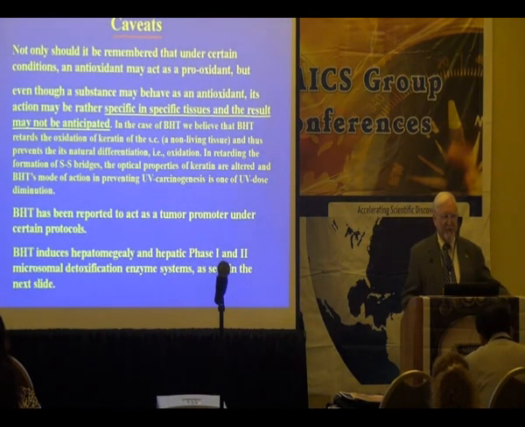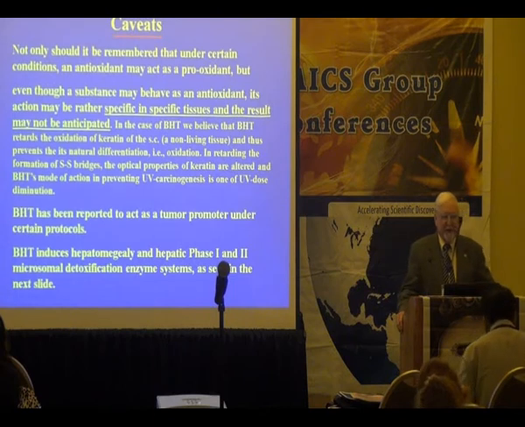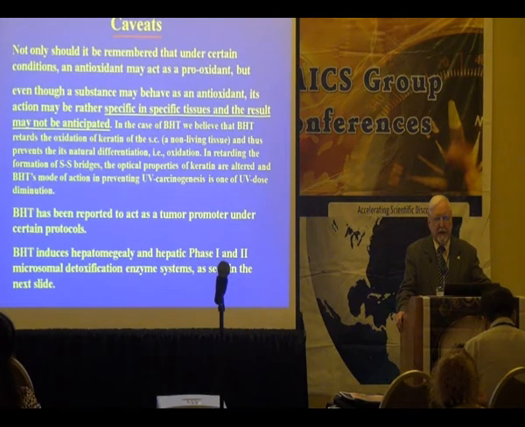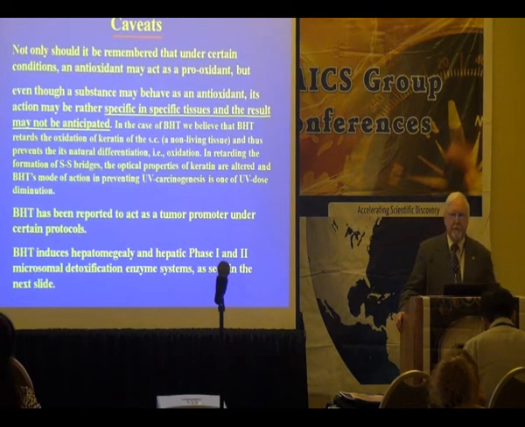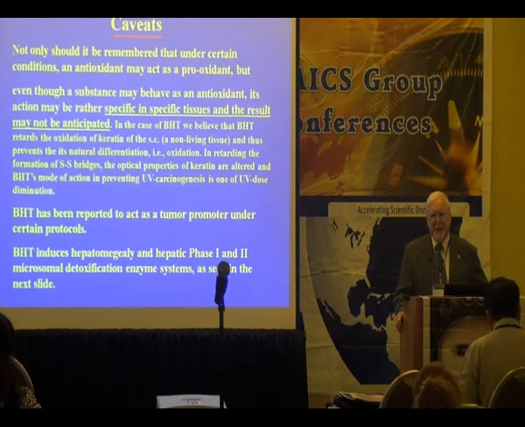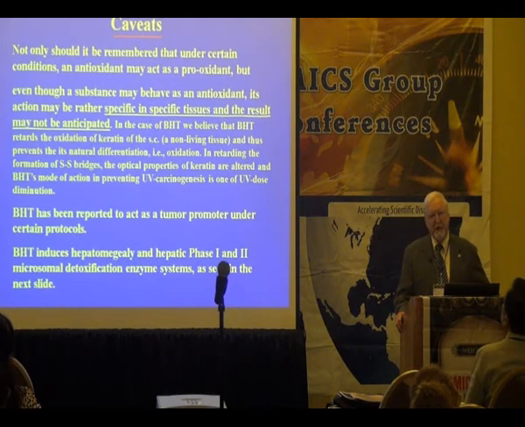But I would have to say that you have to remember that under certain conditions, an antioxidant may act as a prooxidant. For example, beta-carotene, and I'll talk about it in a moment, under low oxygen tension, it is a very effective antioxidant. However, under high oxygen tension, it behaves as an oxidant.